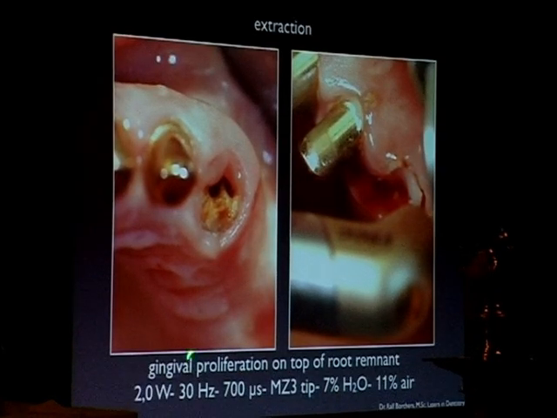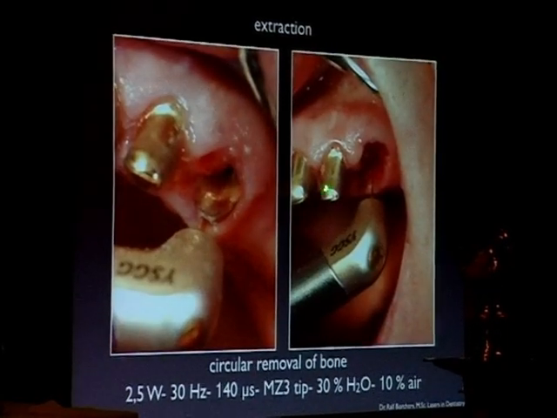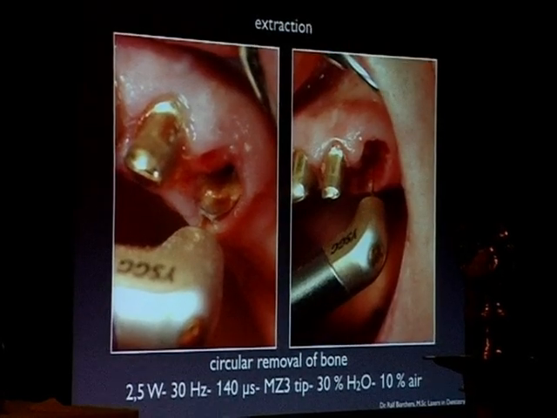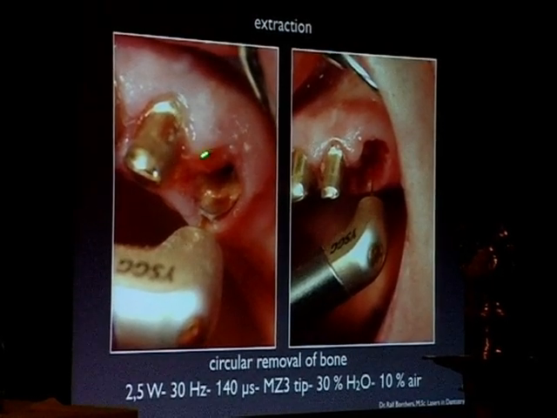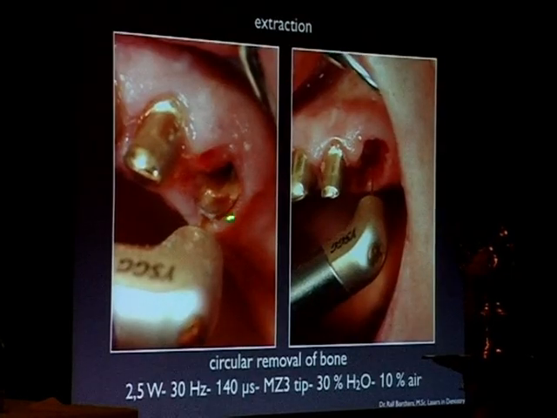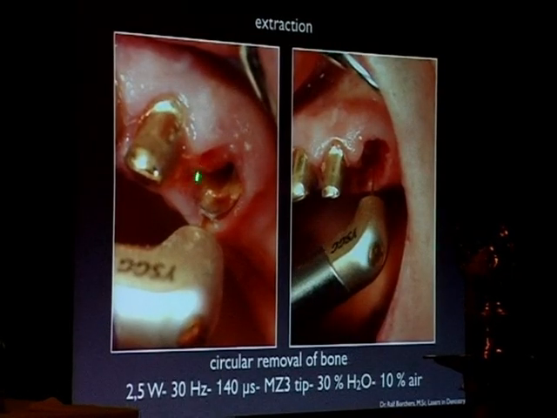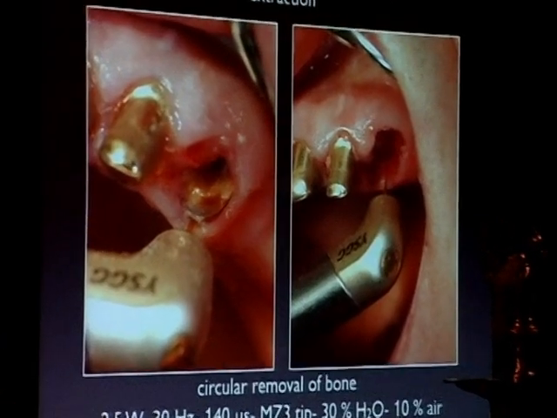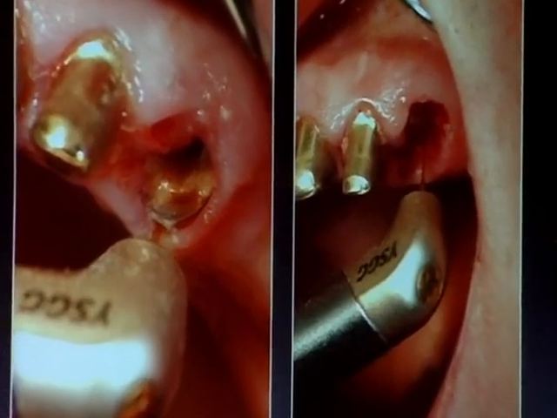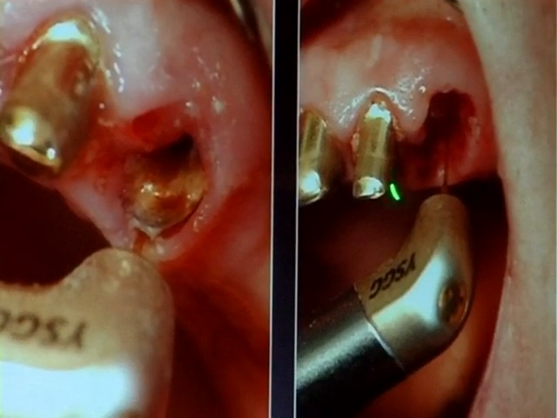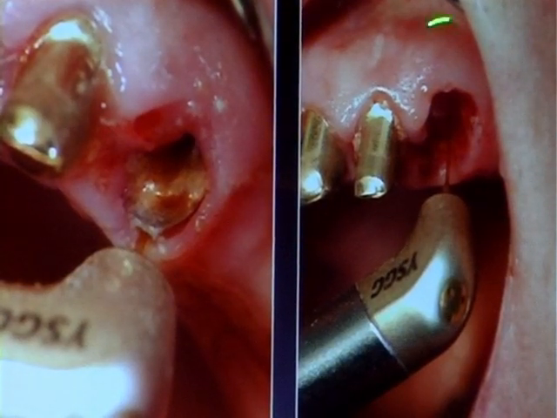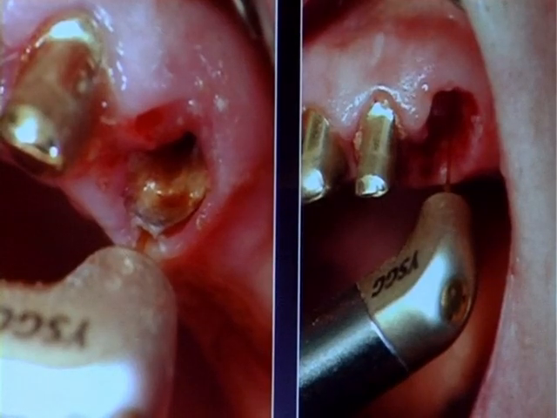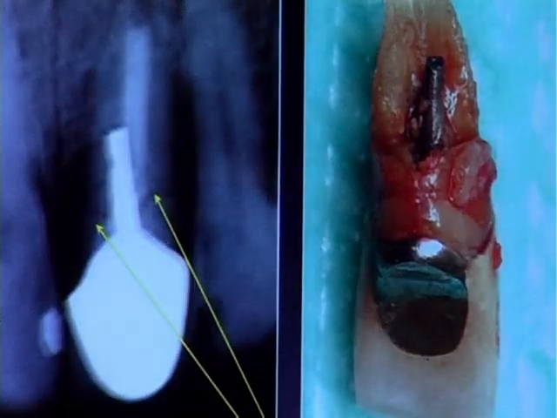First of all, you are removing the gingiva, which is covering the rest of the root. And then you take a very, very long tip and you are removing the bone, which is just surrounding the root. So you're removing the bone layer for layer, and you are going deeper and deeper. There will be no damage of the adjacent tissues.